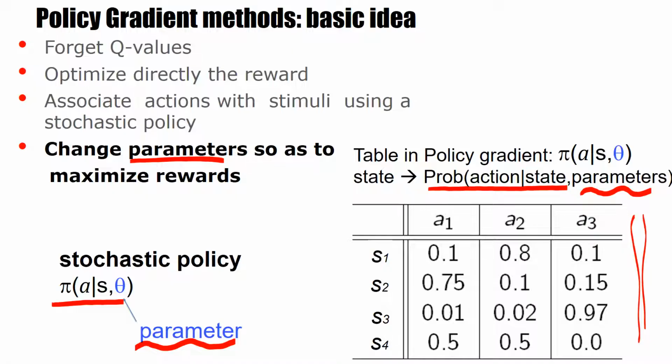So I write here the parameters explicitly in terms of an entry in this function here. You could also write it in that form, P of A given S, and then the whole thing depends on parameters, and these parameters I could also write as an index down here. It's just two different notations, and in both cases, it's really the same thing.